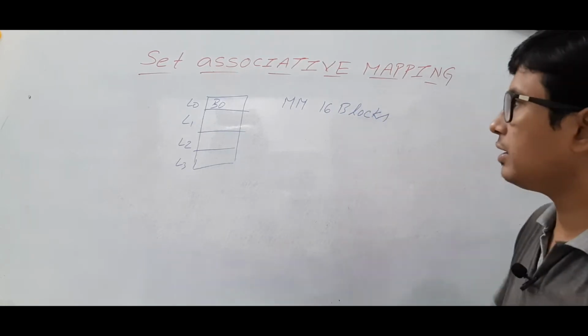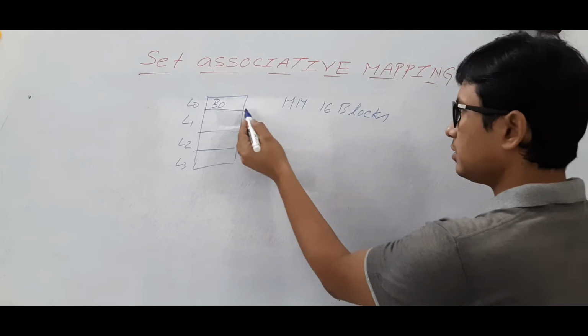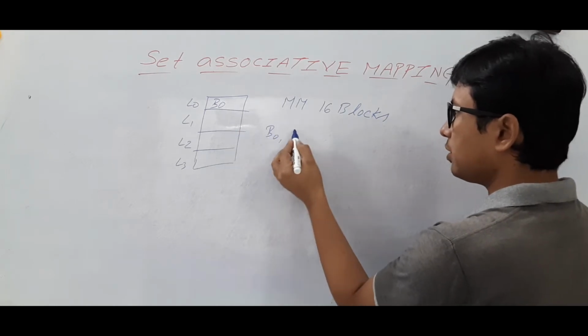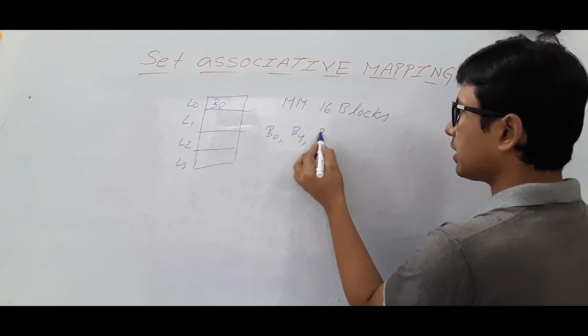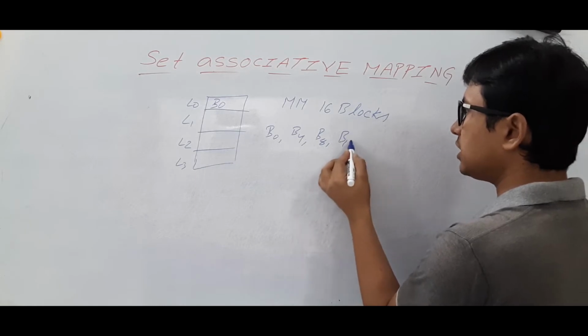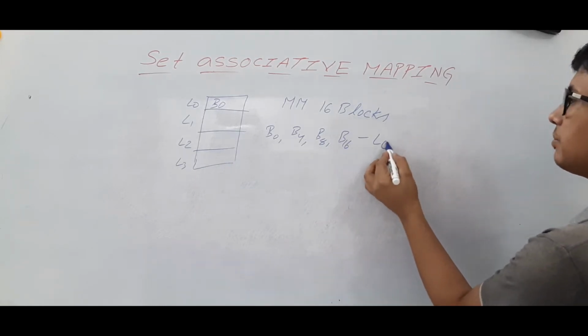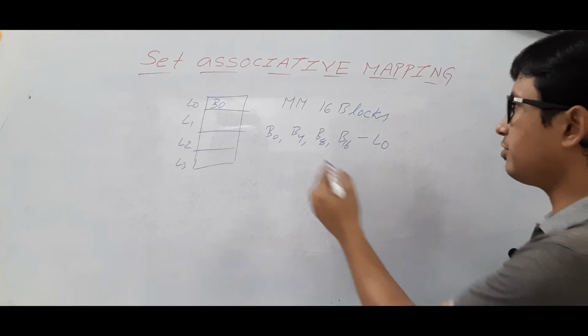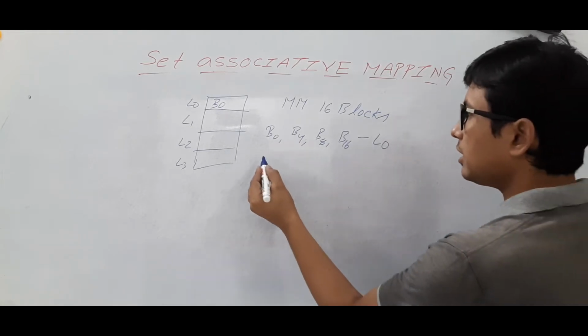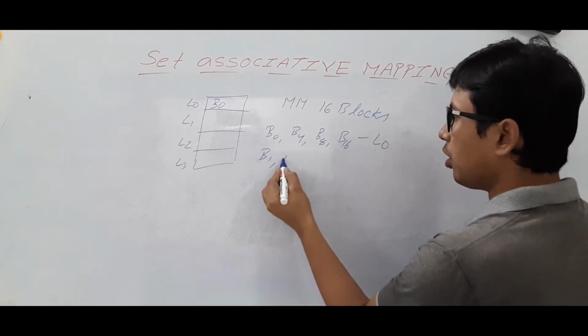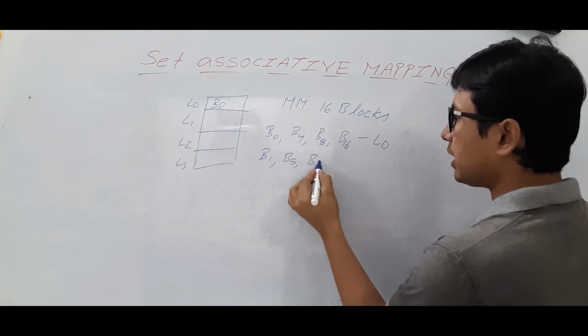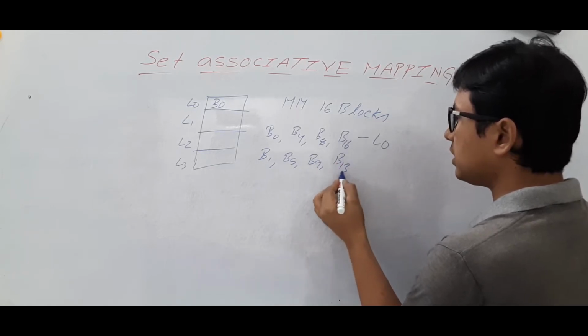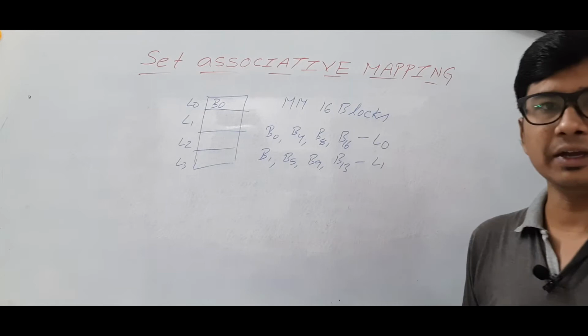Then what will happen? Block number 0, block number 4, block number 8, block number 12 can be placed in line number 0 of the cache memory. Similarly, block number 1, 5, 9 and 13 can be placed in line number 1.